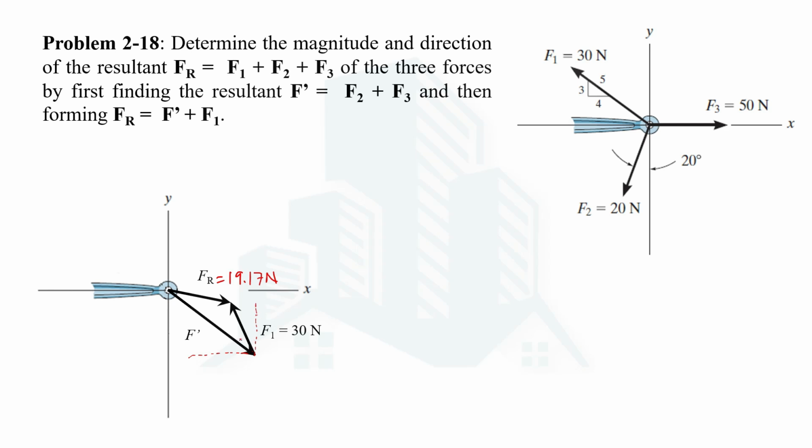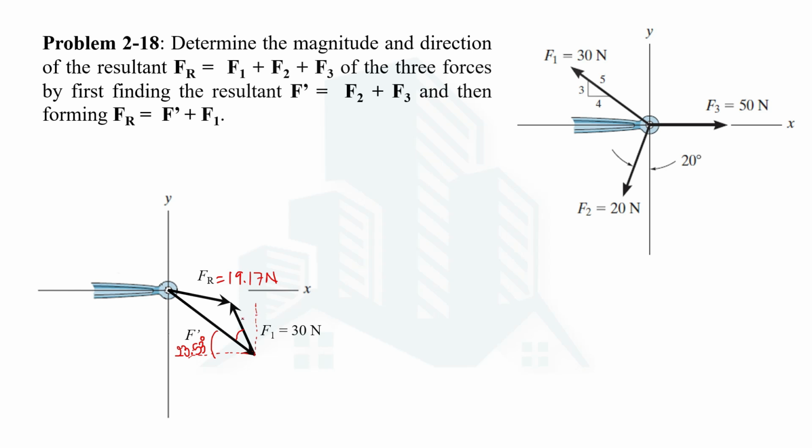Previously we know the direction of F1, we also know the direction of F dash, therefore we can determine this interior angle. So for that you have to be very detailed in this. We have the value of F dash with the positive x-axis, that was 23.53, so this will also be 23.53.